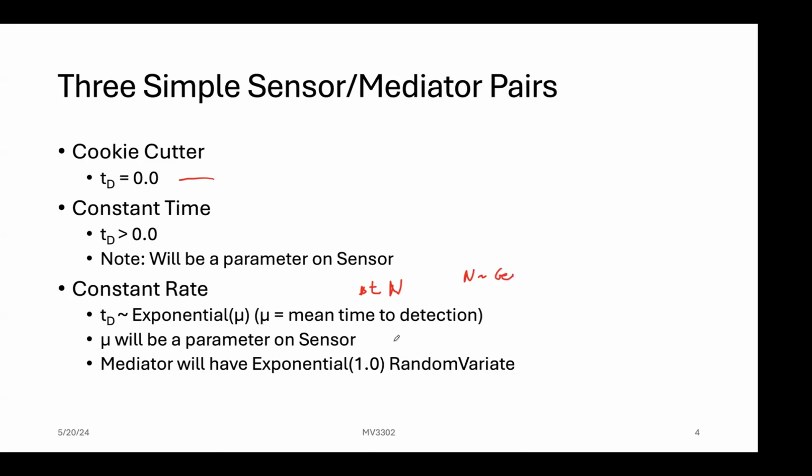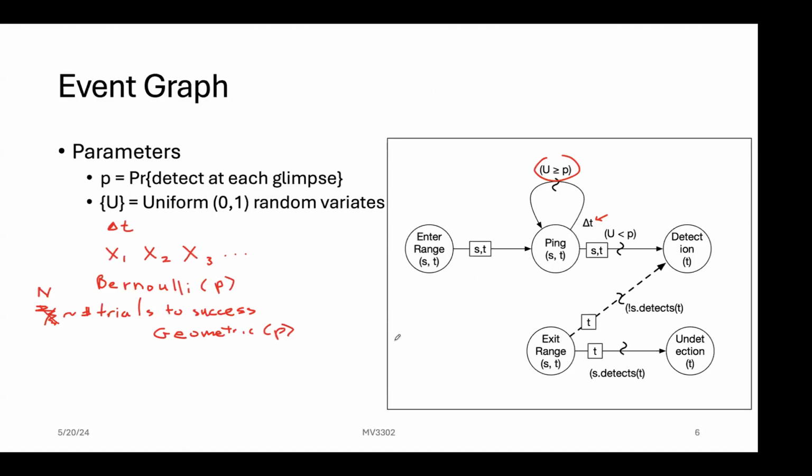Instead of doing all this pinging, I simply generate one geometric random variable, and the time until that happens is going to be the time between the pings. So this is my actual time to detection.